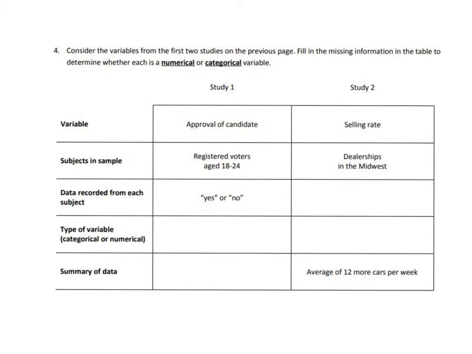All right, number 4, they want to consider the variables from the first two studies in the previous page, fill out the missing information on the table, determine whether they're numerical or categorical. So when we talk about registered voters, age 18 to 24, that is my subject. The data that was recorded from each subject, that was a yes or a no. So the type of variable that is, since you answered yes or a no, you used words to answer your question.